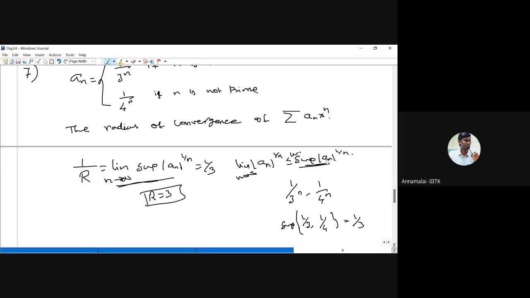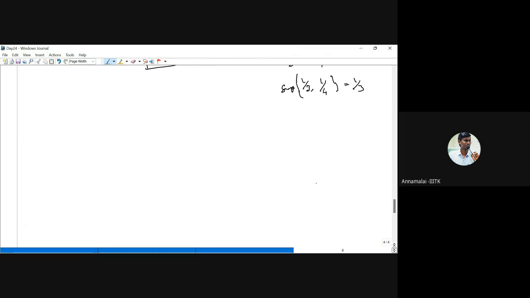Then the next problem, the eighth problem. Suppose we define two sequences. First, a1 is 1, and in general a_{n+1} is defined to be a_n plus (minus 1) power n into 2 power minus n.